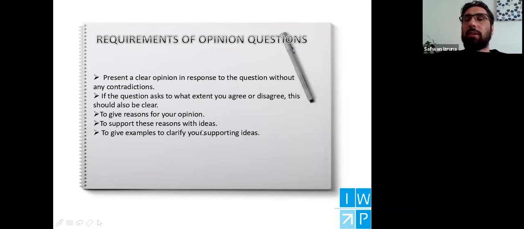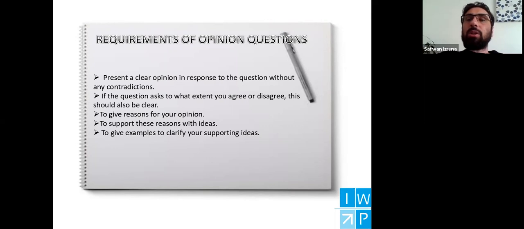But it's not just good enough to give reasons. We need to also support the reasons. So if we say it's bad for people's health, we need to prove it. How is it bad for people's health? Then we could explain how it could cause diseases such as lung cancer and so on.